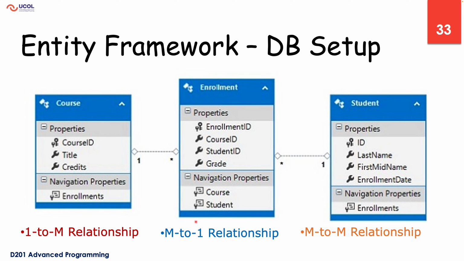If we talk about the one to many relationship, it means one course can have many enrollments. Similarly, one student can have many enrollments. So many enrollments can be associated with one student. So it is a many to one relationship or one to many relationship. The many to many relationship needs to be broken down into one to many.